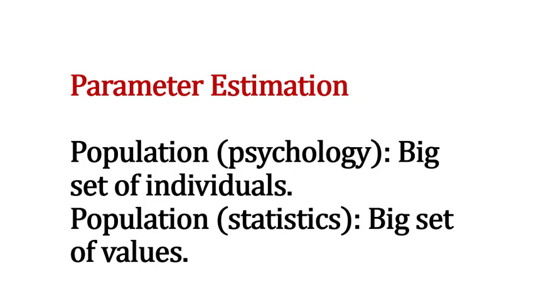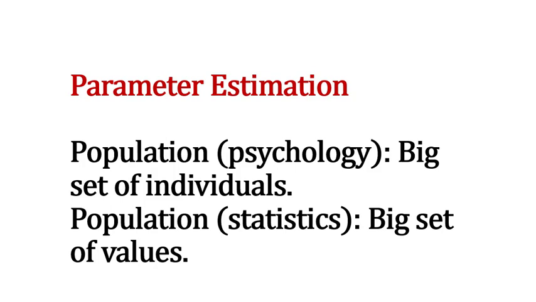Now, in statistics, probably if statisticians see what I'm saying here, they will kill me, but this is my interpretation of what population means in statistics. It is a big set of values instead of a big set of individuals.